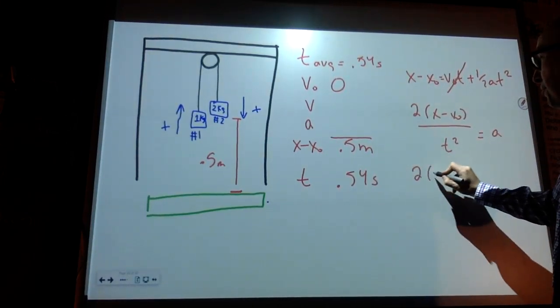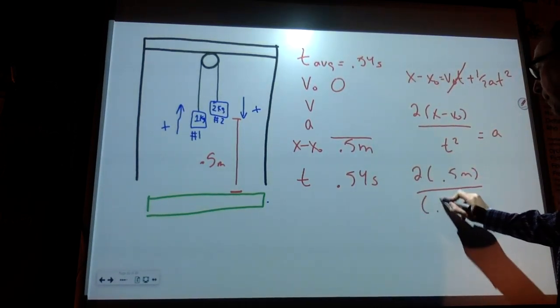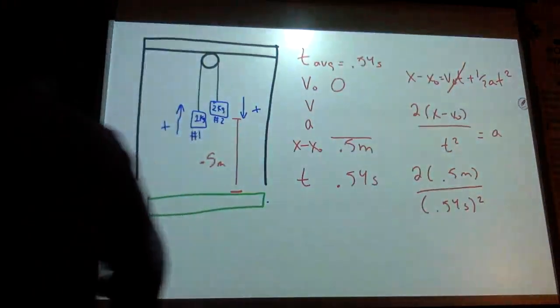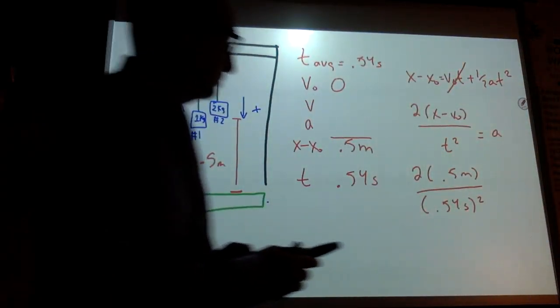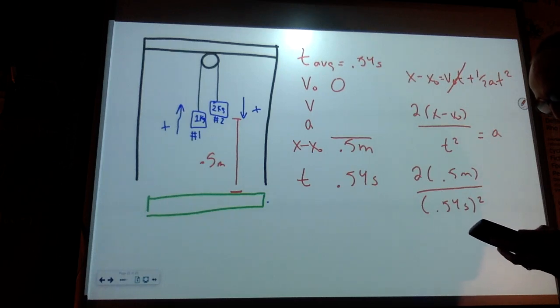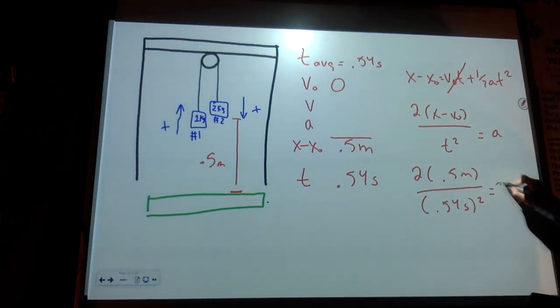So I'm going to have 2 times 0.5 meters divided by 0.54 seconds squared. And I got 3.7.